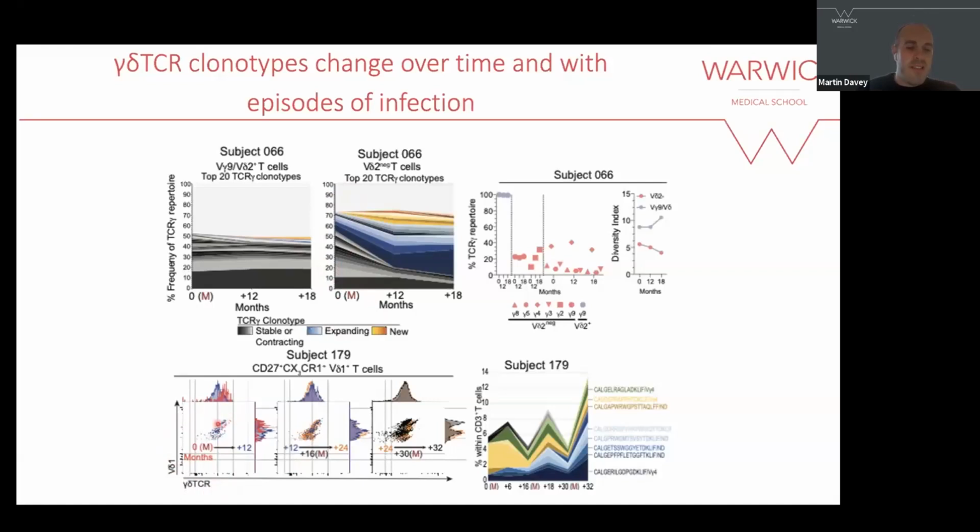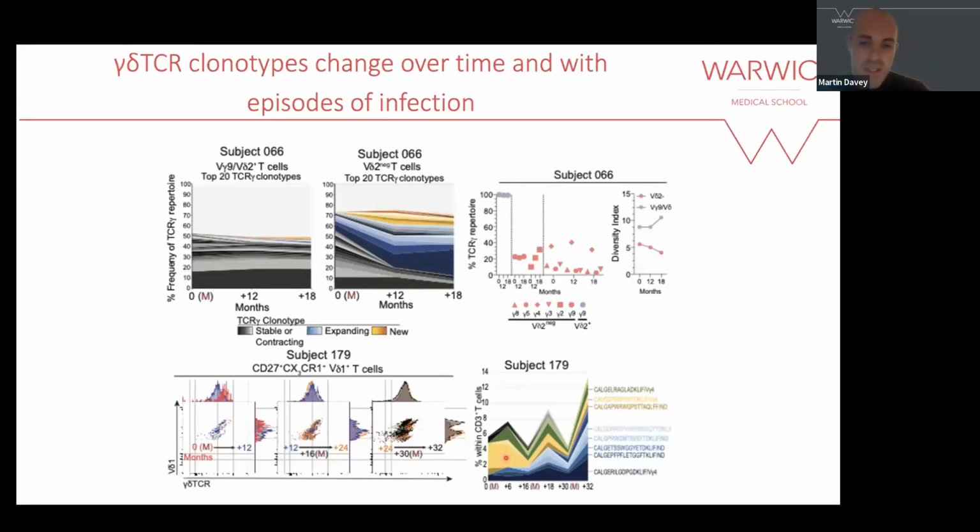And you can see here at this 0 point, only a few cells in there which are in the red. And then 12 months later in the blue, they've expanded a little bit more. And then as we've had more infections and more episodes and time has passed, you can see new clones starting to emerge. Whereas if you look at this one here at time point 32, you can see new stripes that have appeared that weren't there in the first place, or ones that have expanded.